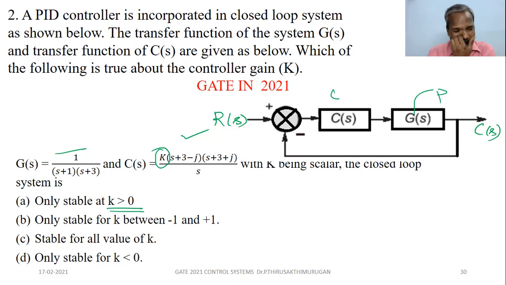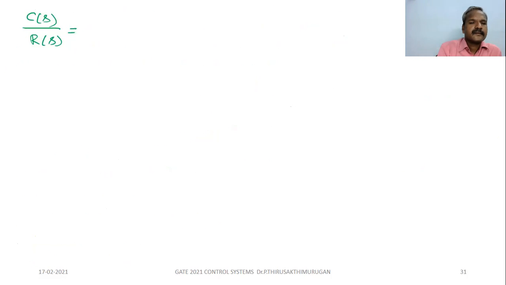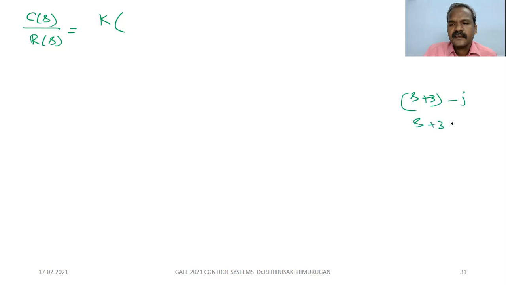The numerator will have k into s plus 3 minus j, s plus 3 plus j.